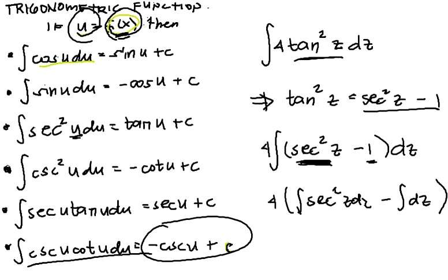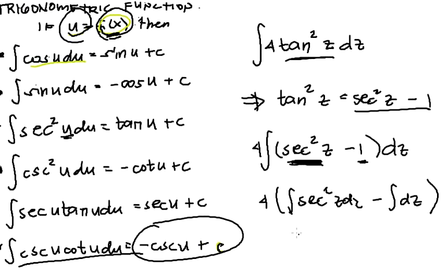Okay, and from that you can now integrate these 2 functions here. So the integral of secant square z dz is tangent z, minus the integral of dz is just equal to z.